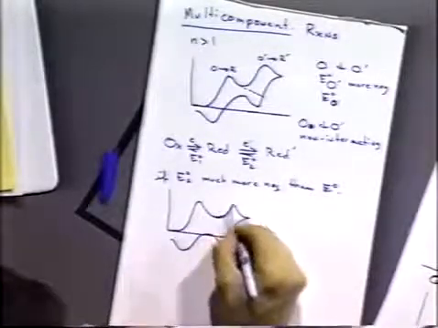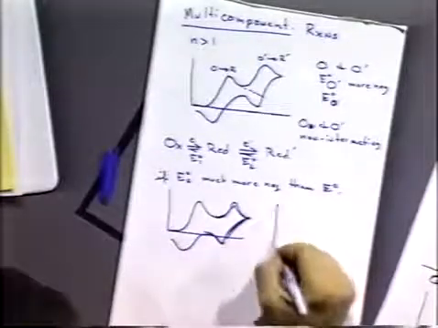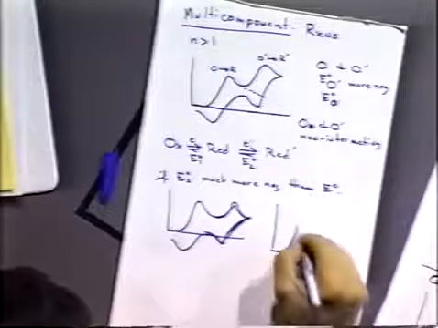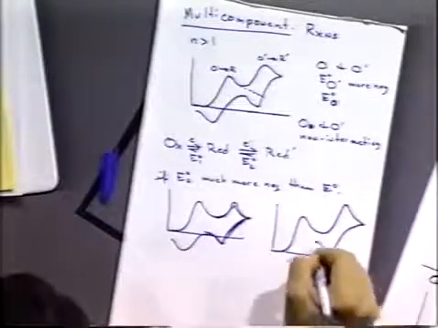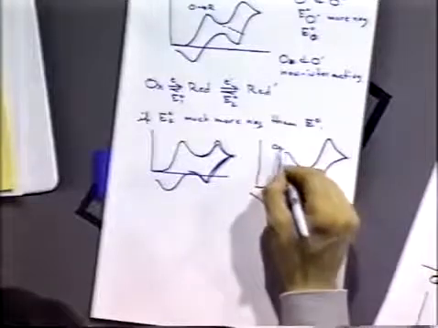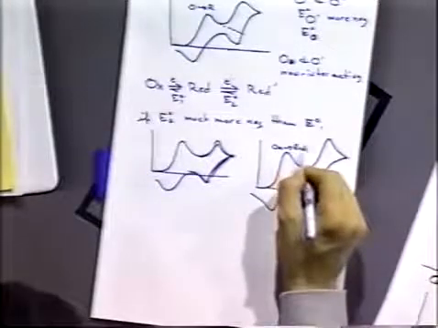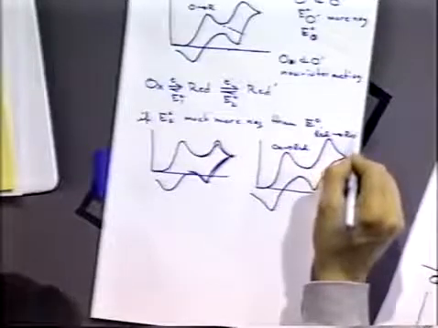I'm not drawing these very well, but let's try that again. Waves like so. And again, this would be ox to red, and this would be red to red prime.